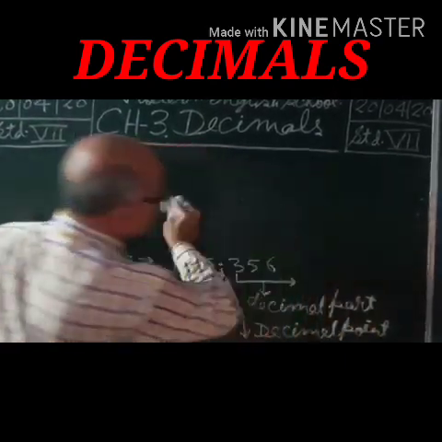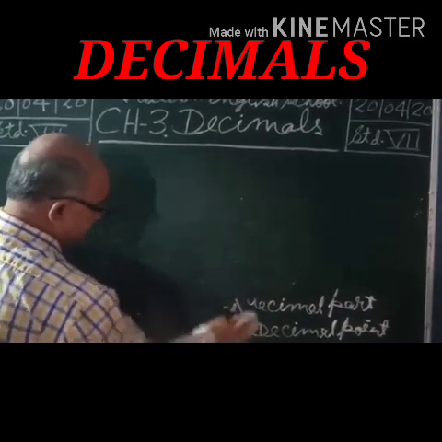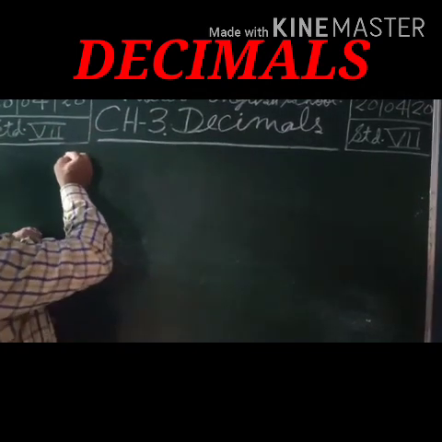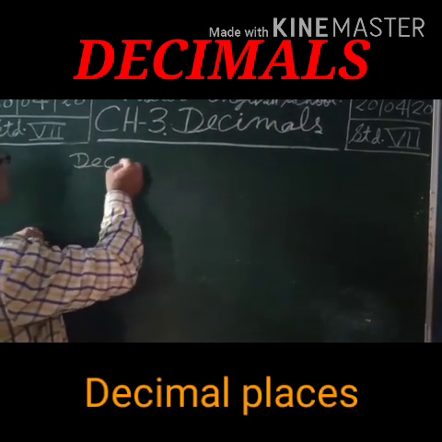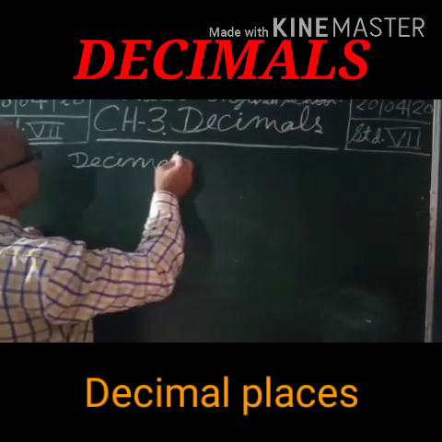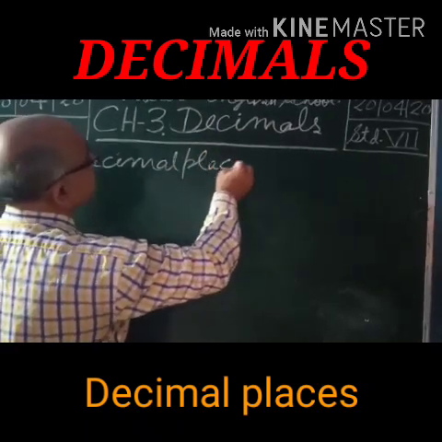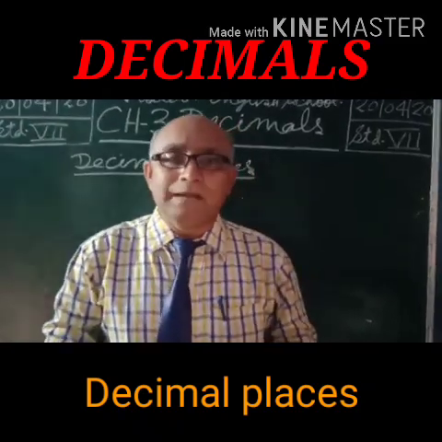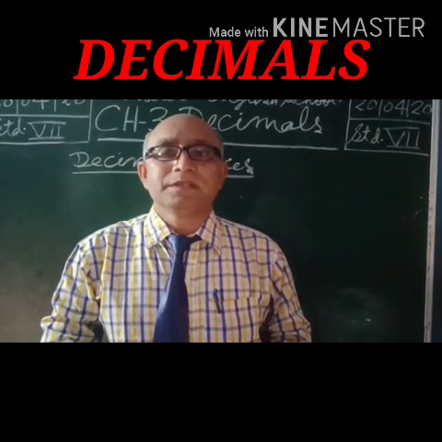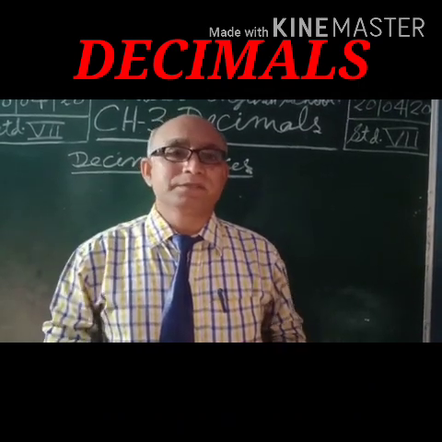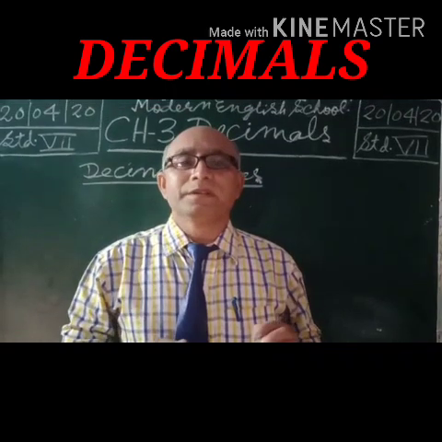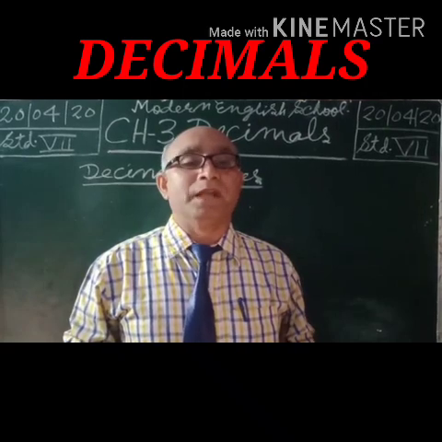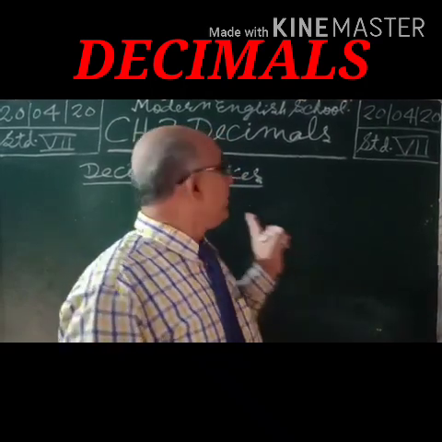And next term is decimal places. The number of digits in a decimal part of a decimal is called decimal places.